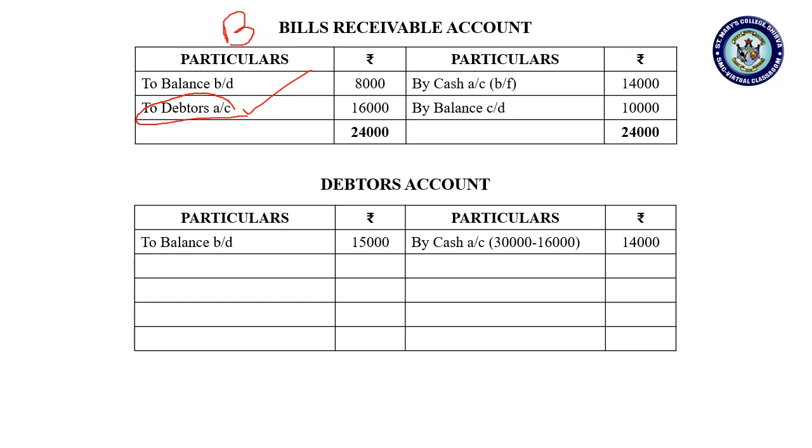Correct? In bills receivable account, it is to debtors. So in debtors account, it is by bills receivable account 16,000.